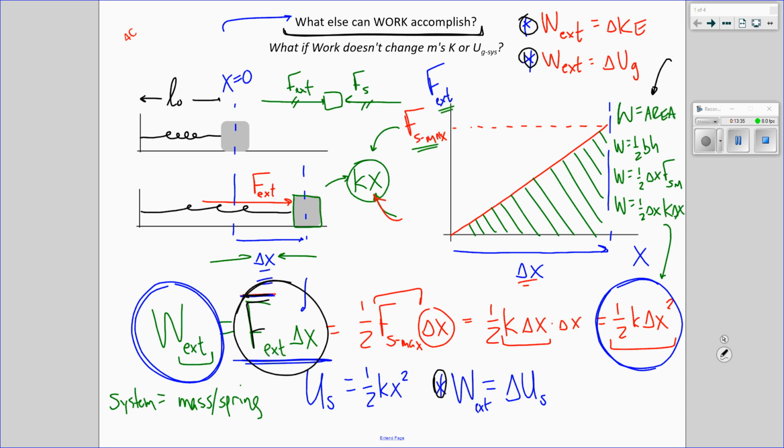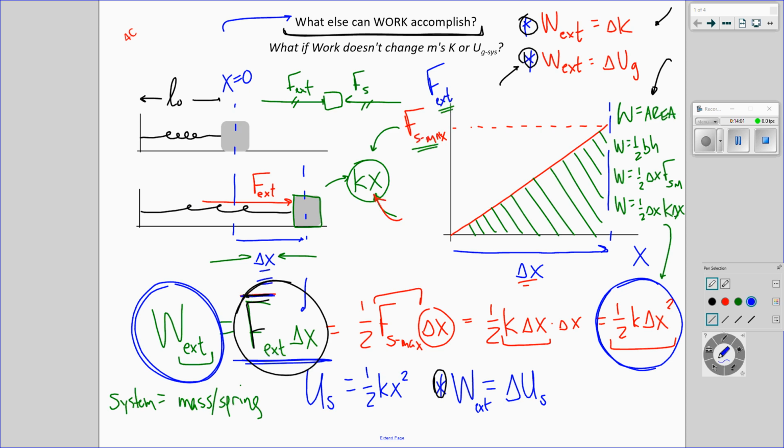If an object never changes height, there's never going to be any of that. If a system doesn't change speed from beginning to end, there won't be any of that. All right? But notice that these are all K, the UG, the US. They are all forms of mechanical energy.